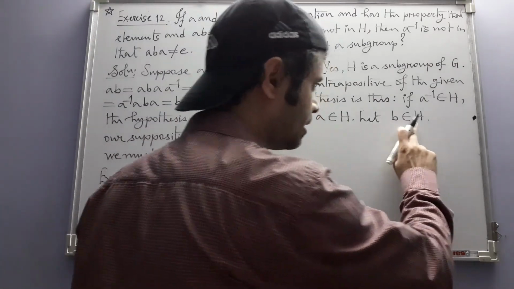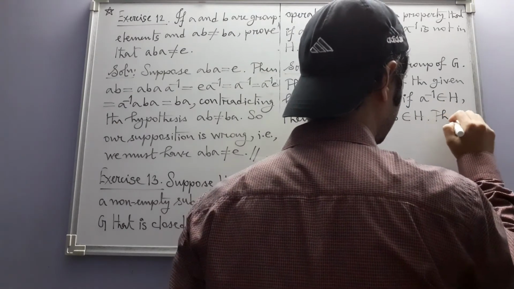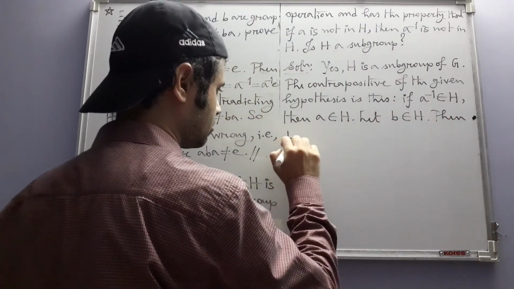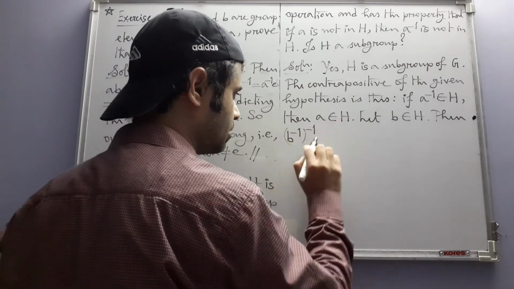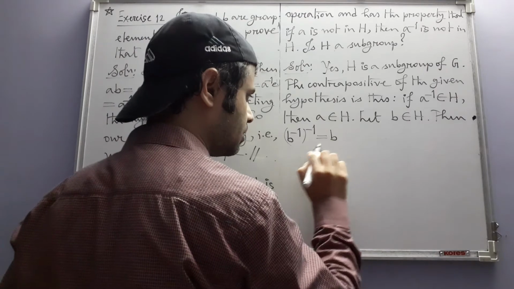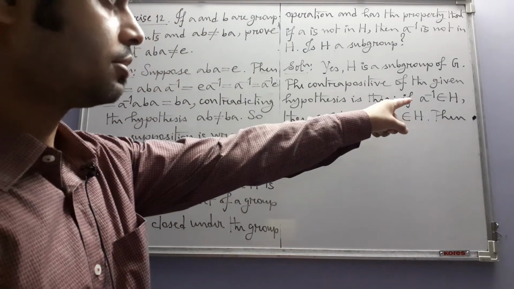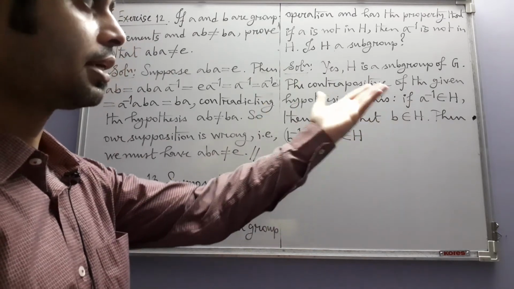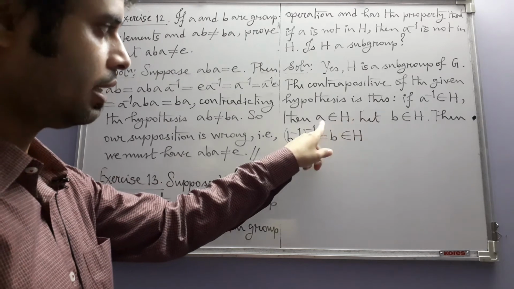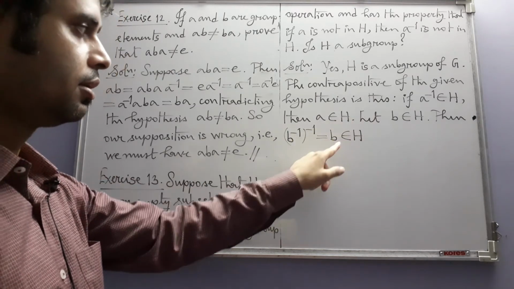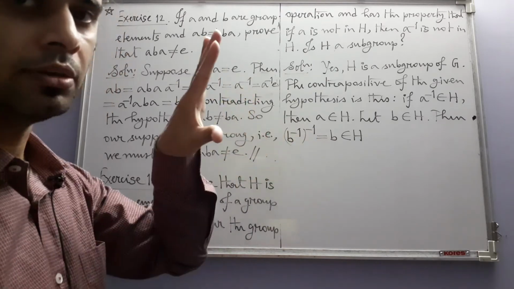So we have taken any element in H. Then B inverse inverse is equal to B and this belongs to H. Now you look at this condition: if the inverse of some element in the original group belongs to H, then the element itself belongs to H. Now this particular element happens to be the inverse of B inverse.